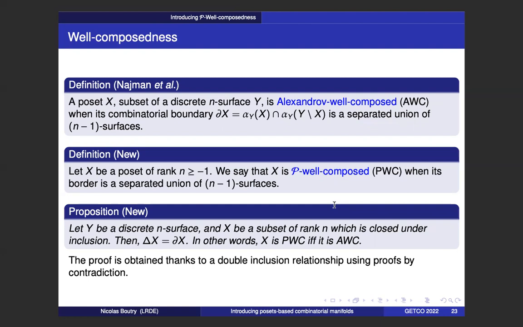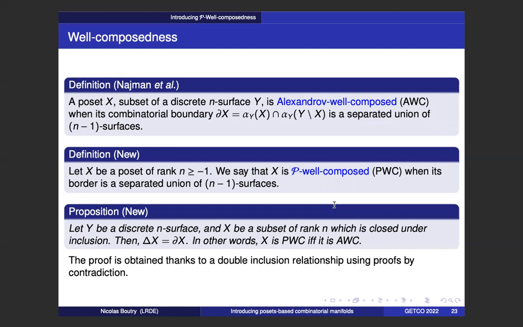So what I mean is that a poset X is Alexandrov-well-composed when its combinatorial boundary is a separated union of n-1 surfaces. This is a very well-known condition that we need to have good properties in mathematical morphology to be able to build the tree of shapes.